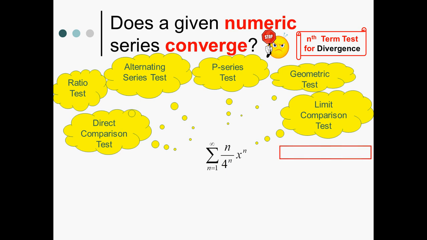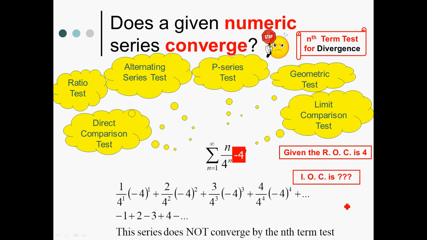So back to our original problem. Remember, we found the radius of convergence to be 4. I want to find the interval of convergence. So I plugged in -4 and I wrote out some terms, right? n over 4 to the n times -4 to the n.